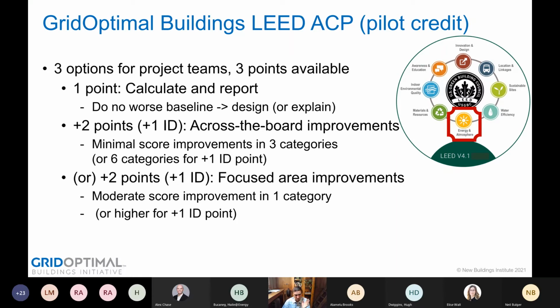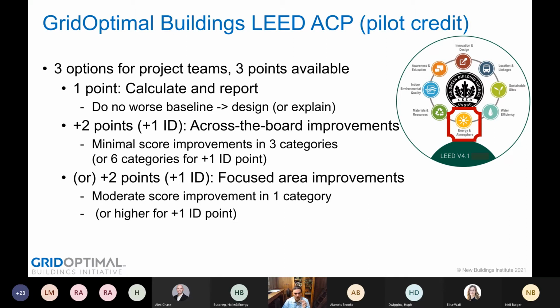So first point is make sure the design is not making the situation worse relative to the baseline, or if it does, then discuss, right? It's really just getting people thinking about this in the first place. That's the intent of the first point. And then there are 2 pathways to get up to 2 points, or 3 if you go farther.